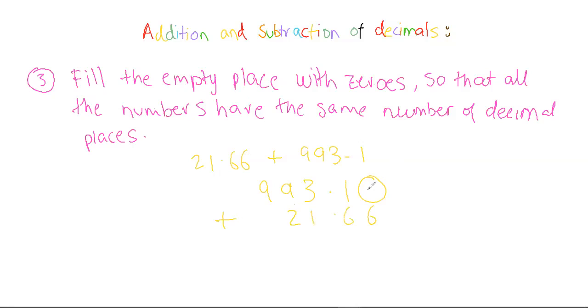In this case you can have only 1 zero, so that all the numbers have the same number of decimal places. So say for example, if 21.66 was actually 976311152, you would have to add that many appropriate zeros to have the same number of decimal places. In this case, it is 1 2 3 4 5 6 7 8 9. 9 zeros to have the same number of decimal places.